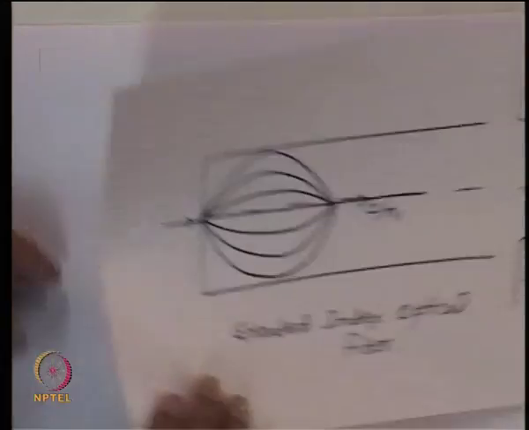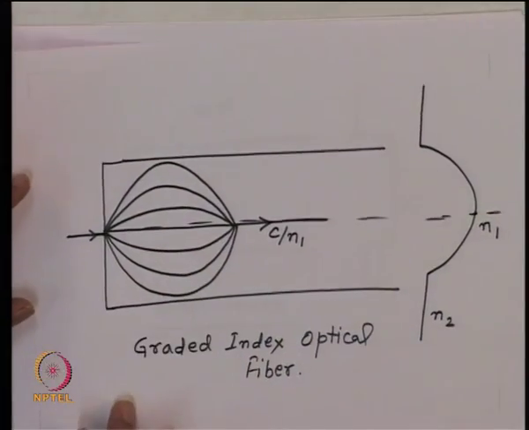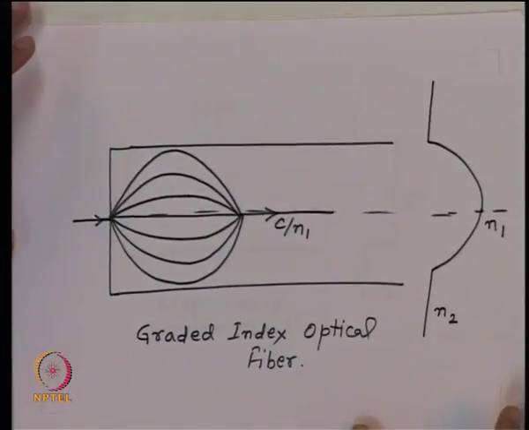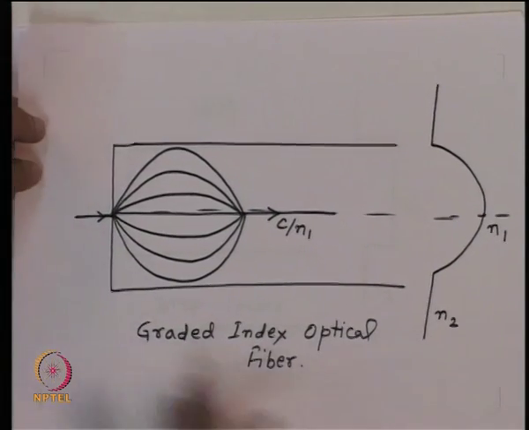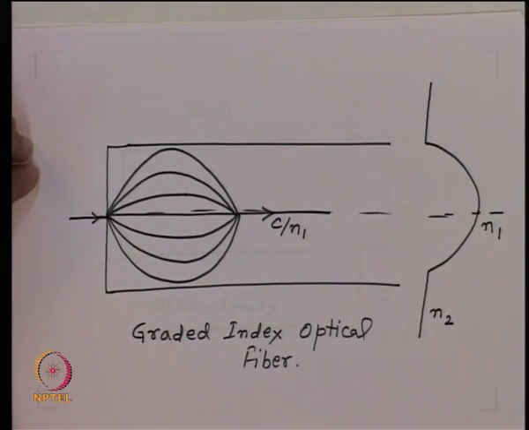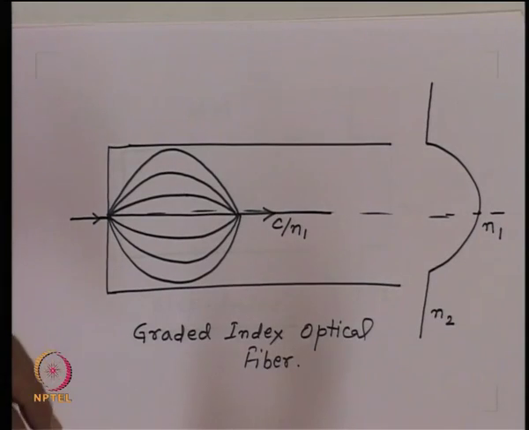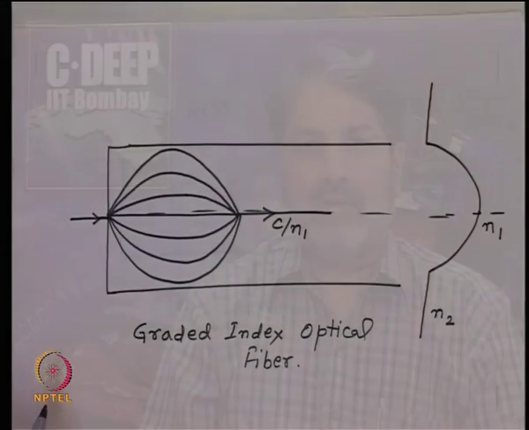Or we can have a graded index multimode fiber, or we can have a single mode fiber if you can create a core diameter typically of the order of 6 to 8 microns. So, if I arrange them in the order of performance for dispersion, the multimode step index fiber is the worst fiber because it has the highest dispersion.